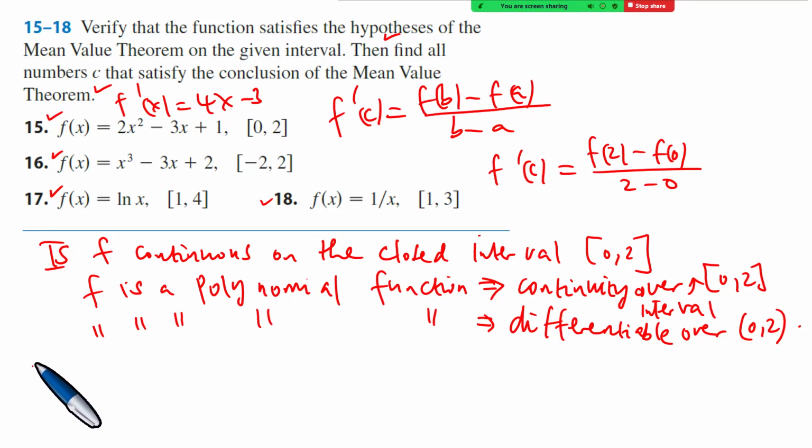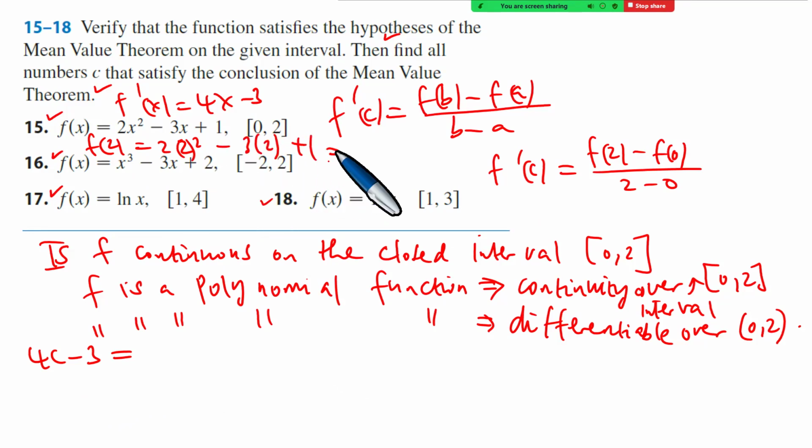Which is the same as 4c minus 3, equal to f of 2 minus f of 0, all over 2. Now f of 2 is 2 squared minus 3 times 2 plus 1, which is 4 minus 6 plus 1... that is, 8 minus 6 is 2, plus 1, which is 3.